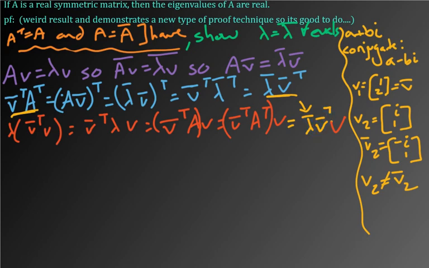Whew. Okay, so now, utilizing a very important fact: V conjugate transpose V is the same as V conjugate dotted with V. It's like the duality of transpose and dot products.